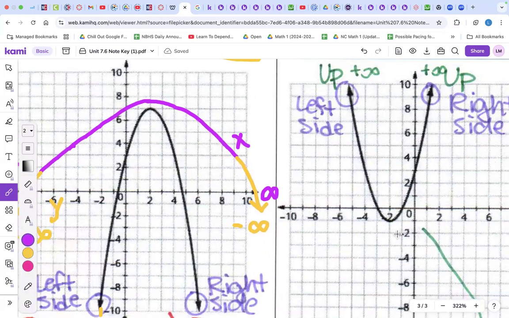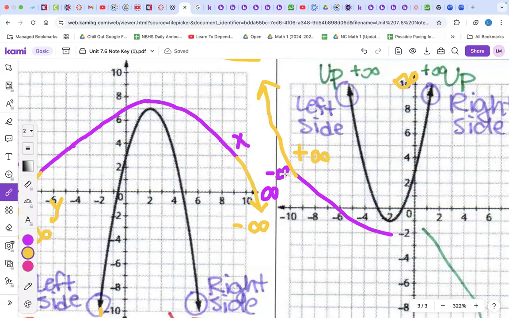Let's draw a different parabola. As your parabola is going this way towards negative infinity, what is your y doing? Y is going up towards its positive infinity. So where x is negative, y is positive.